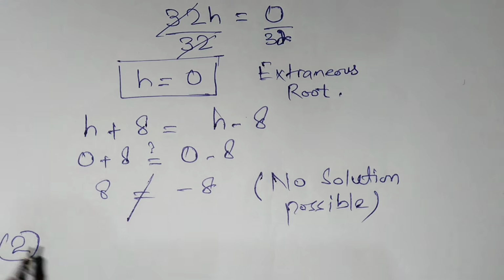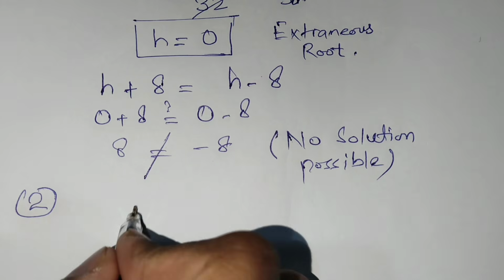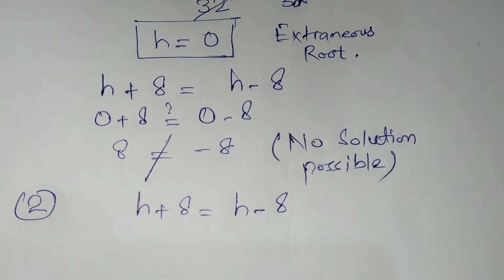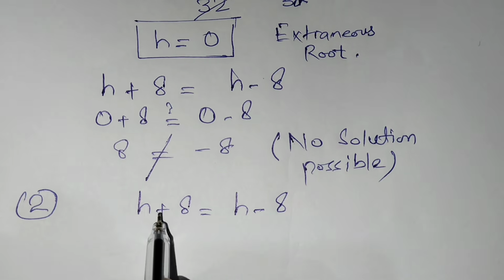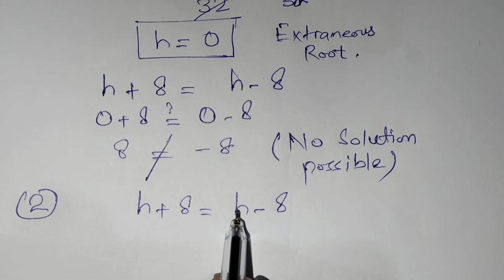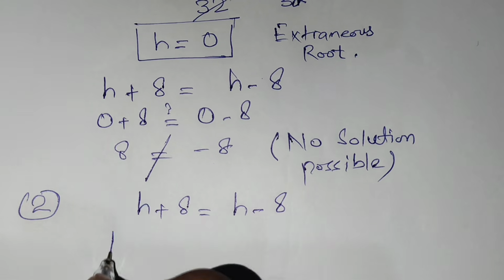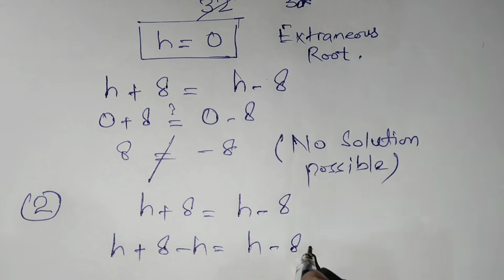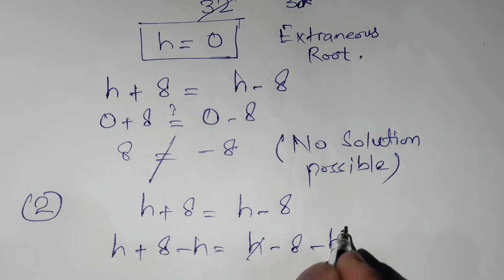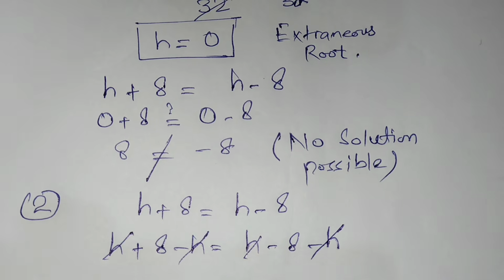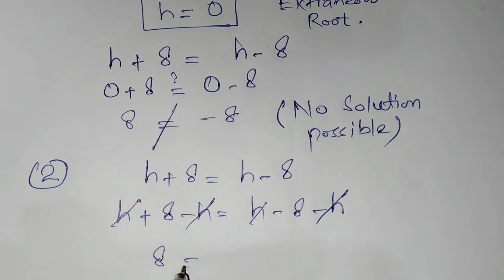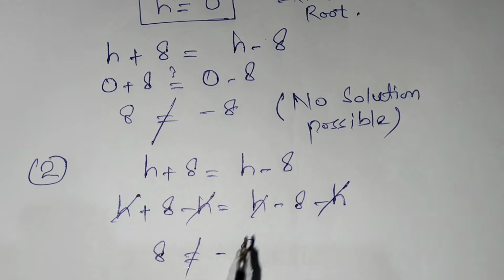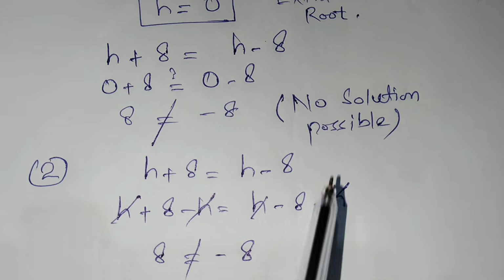Let's move to the second method. h plus 8 equals h minus 8. Subtract h on both sides. h plus 8 minus h, h minus 8 minus h. h cancels with h, h cancels with h. 8 is not equal to minus 8, as we have done in the verification.